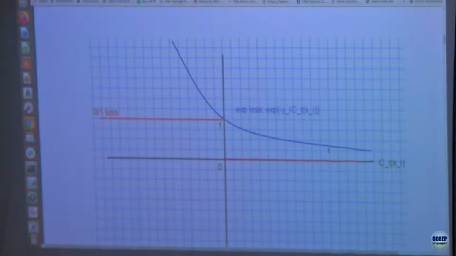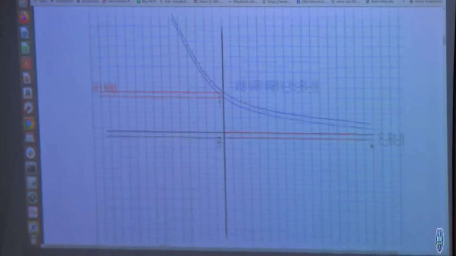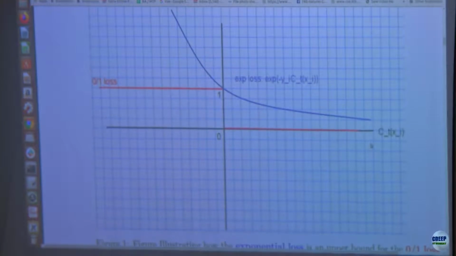Pictorially, this is what we are talking about. The 0,1 loss is basically situated here or here, and this blue curve is going to be an upper bound at all points. And you can then use simple first principles, setting gradient to 0, etc. You can show that this upper bound is minimized.